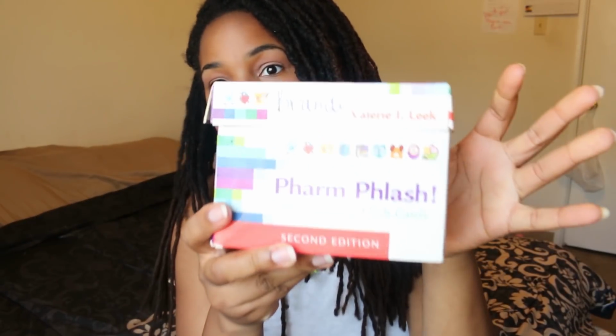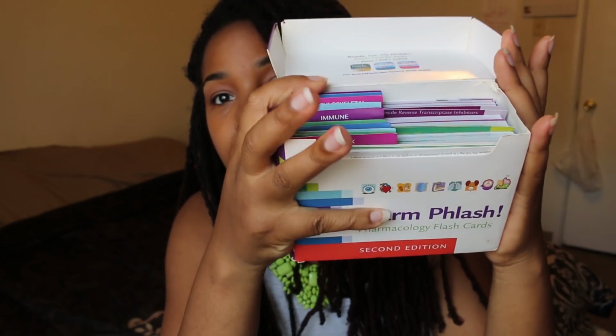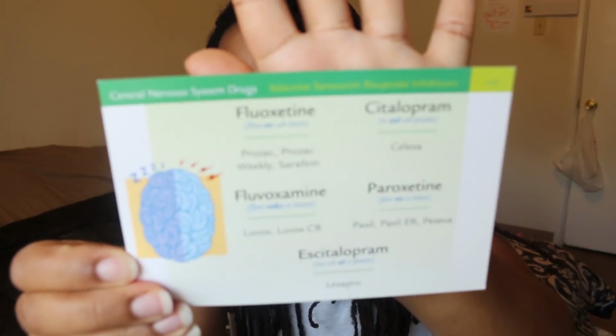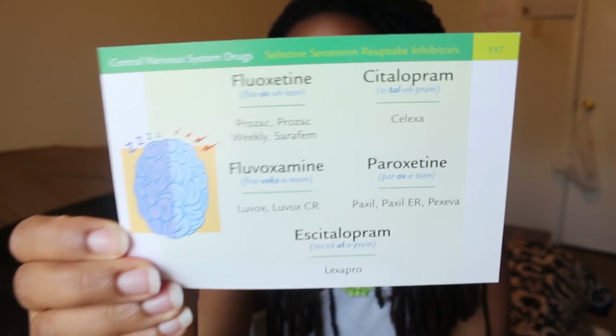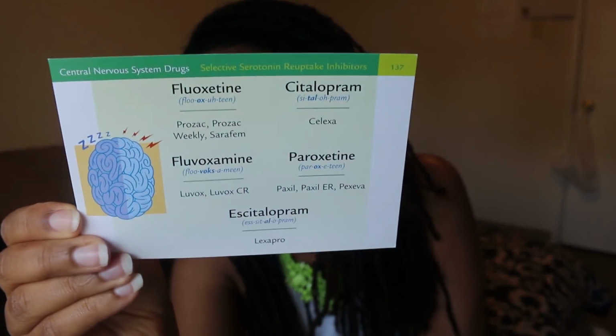But really, the thing that I did the most in pharmacology is I use these Pharm Flash Cards. They're really, really well organized based off the system. This one has quite a few different selective serotonin reuptake inhibitors on here.